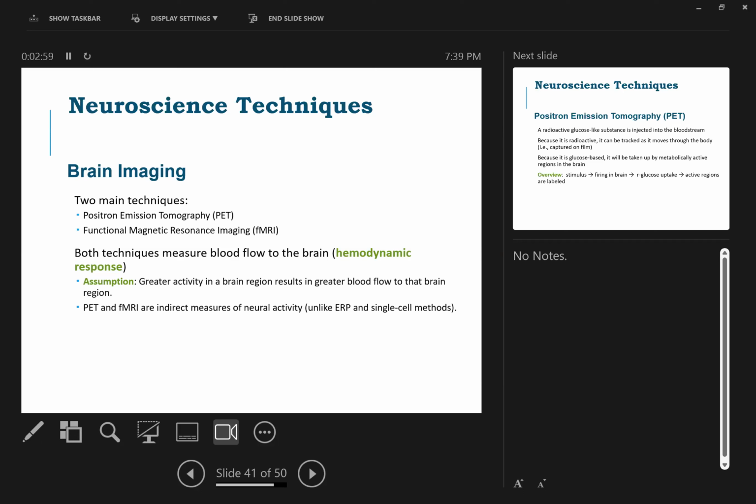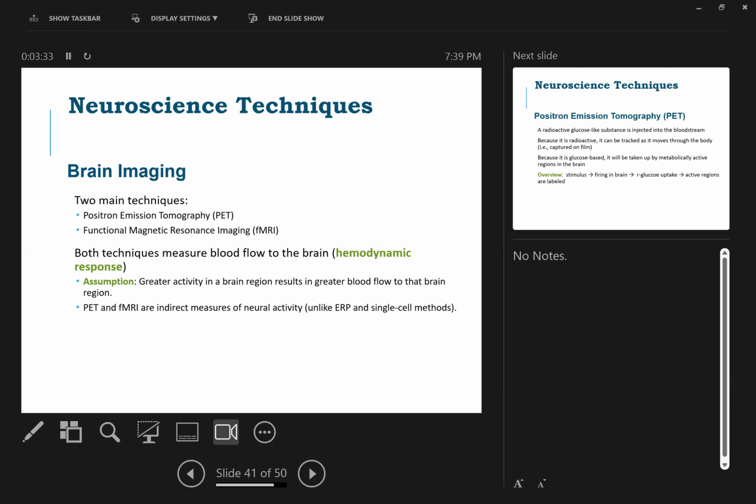And it means that if a certain patch of the brain is being very active, it would need more glucose. Needing more glucose means that it would be having a higher flow of blood to that area, and that means a higher oxygenation of the blood that reaches there. And if you could detect that, then you could detect what's the activity of that area.